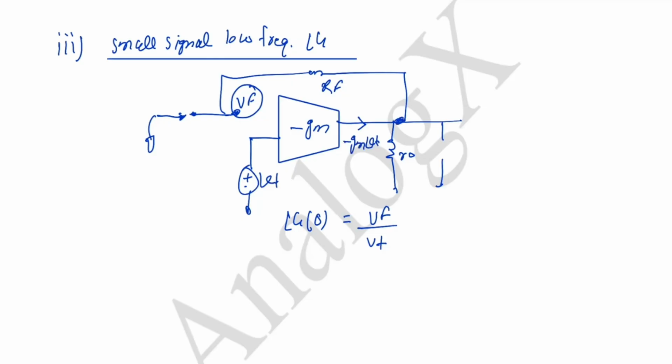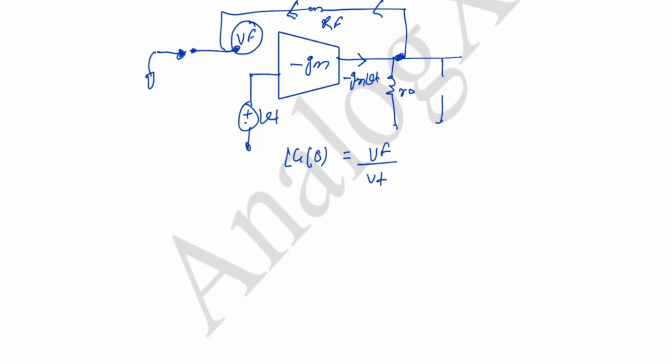Now this current will be divided in both resistances. Since this is open circuit, there won't be any current here. So this current is 0. The whole current will be flowing through R naught only, and this VF will be this VF only, since there is no current flowing through RF, so no drop across RF.